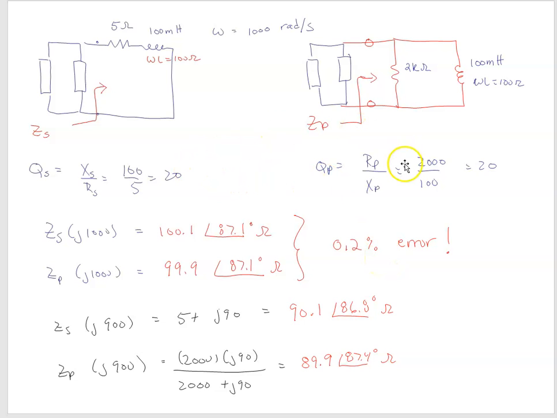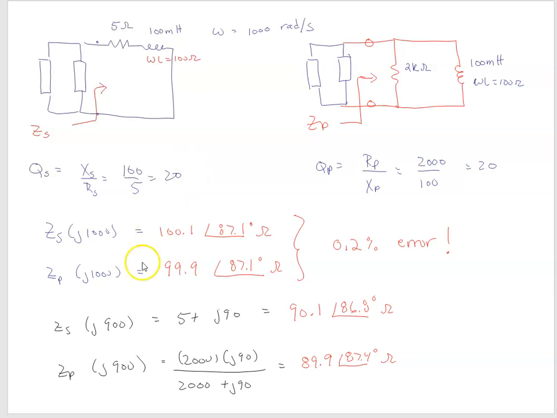So both of these circuits have a quality factor of 20, and when we convert them, the impedance of the two branches, whether in series or in parallel, differs by only a small error. That's true at our radian frequency of 1000, where we calculated the transformation.